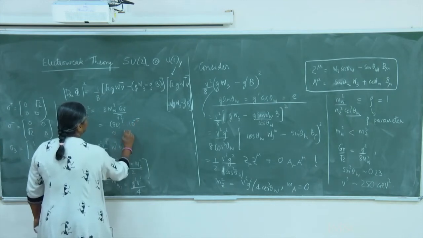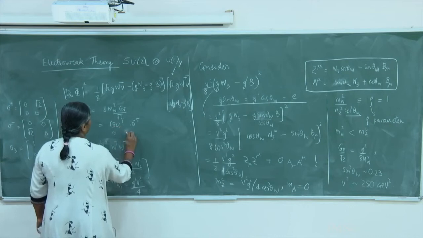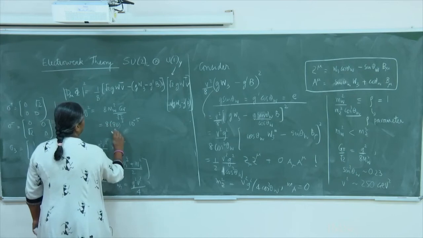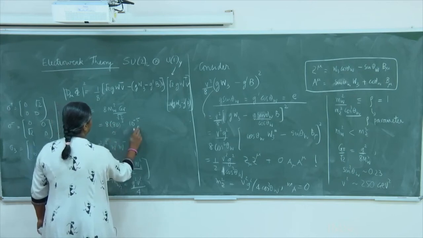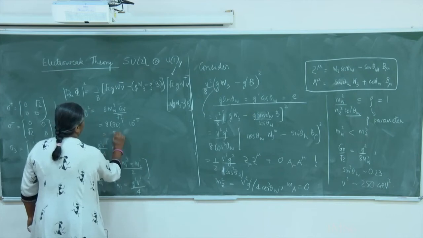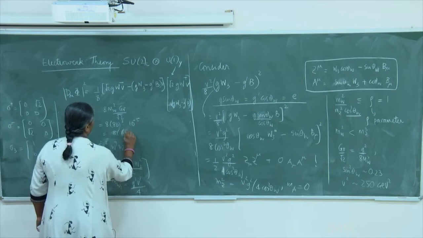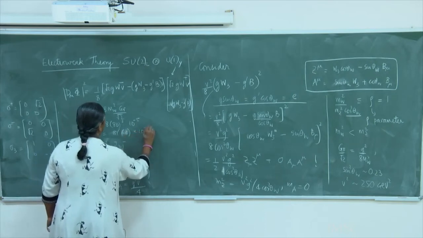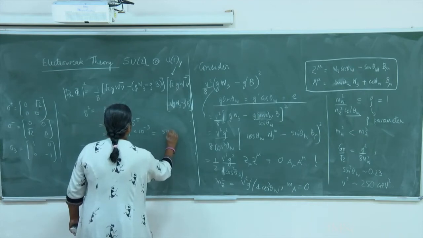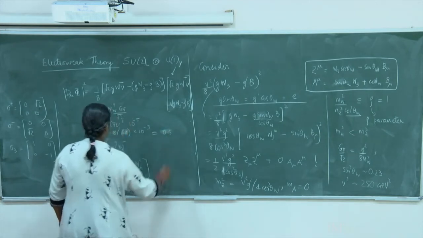So this is about 10 to the 4 into 10 to the minus 5. Let's do it correctly. 8 into 6064 into 10 to the minus 3. That is 500, so around 0.5.